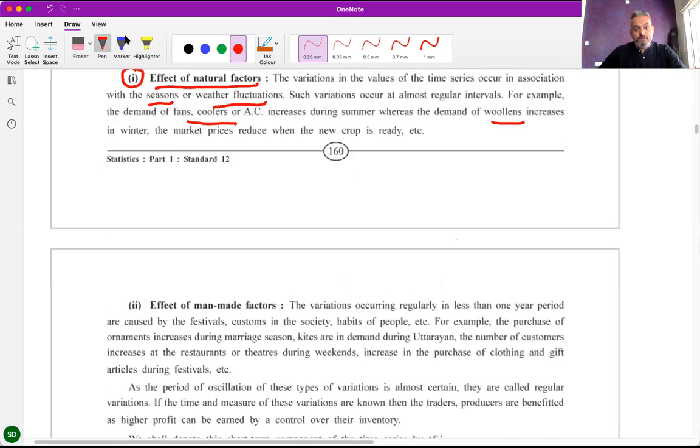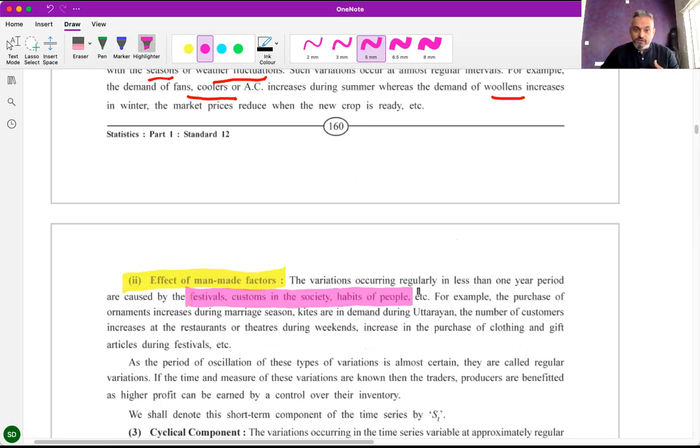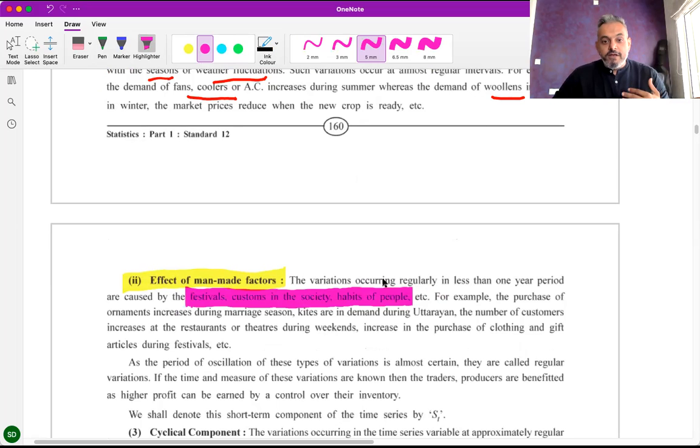And the second one is the effect of man-made factors. This is interesting. Man-made factors are like festivals, customs in the society, habits of people, etc. Like purchase of ornaments during marriages, kites during the Uttarayan kite flying festival, people going more often to restaurants or theaters during weekends, increase in purchase of clothes and gift articles during festivals, even during sales.